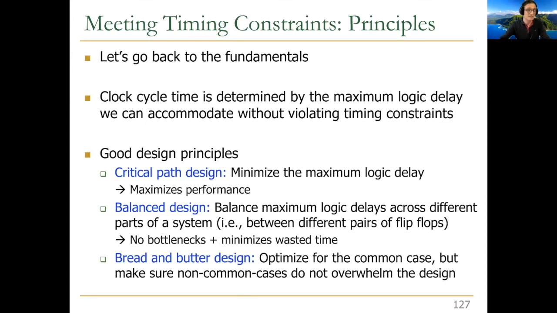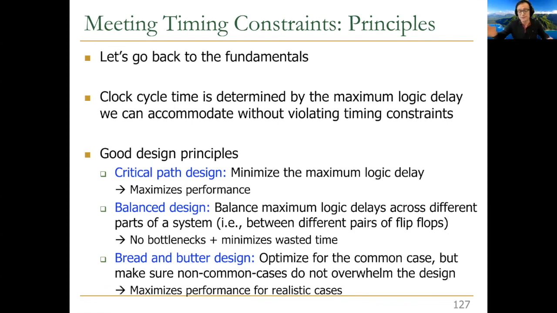And the last part is bread and butter design, as we like calling it. The idea is to optimize for the common case, but make sure that the non-common cases do not overwhelm the design. So for example, if you have a common input that's going to be applied to your sequential circuit, maybe you should really optimize that path.